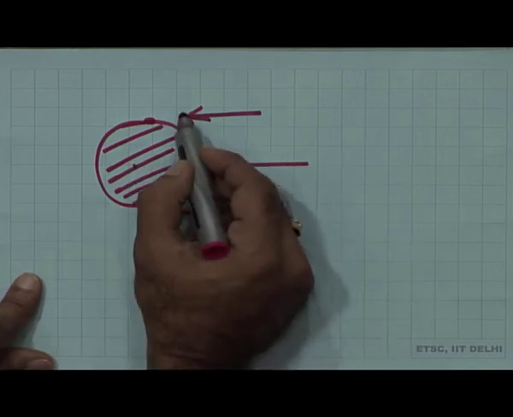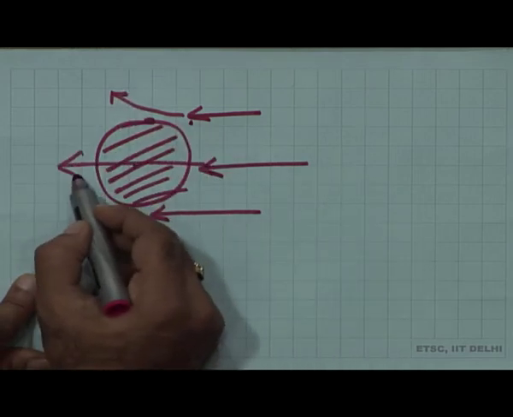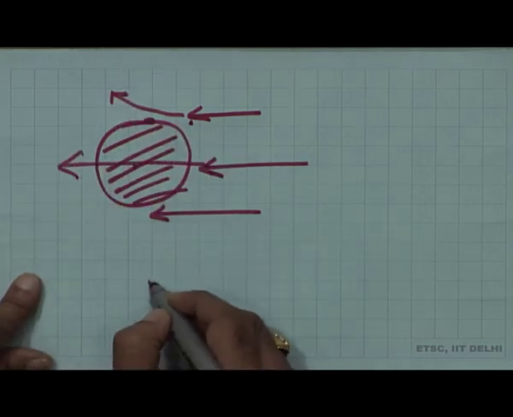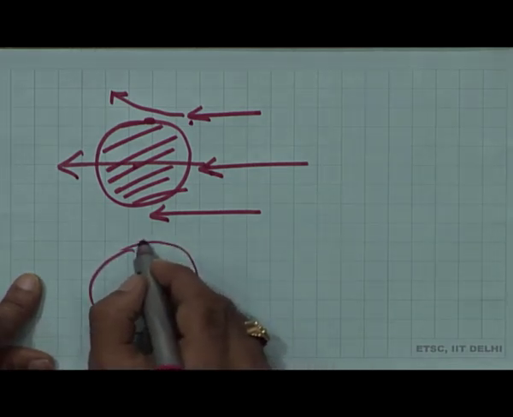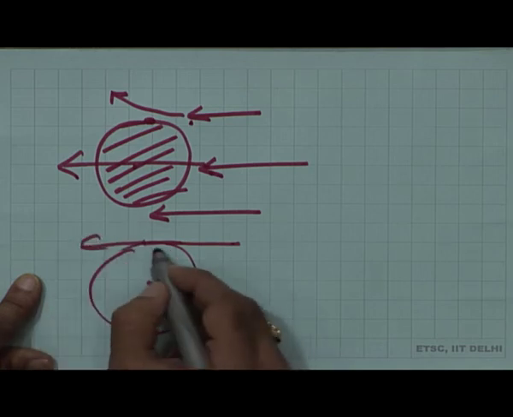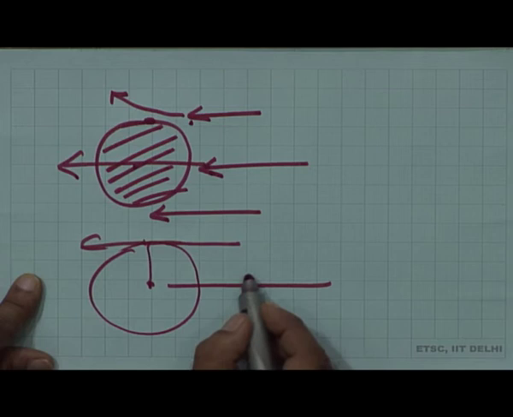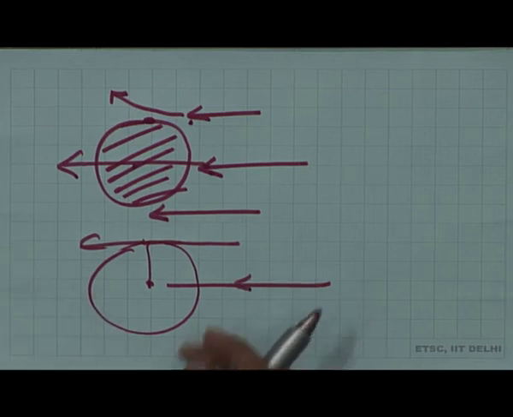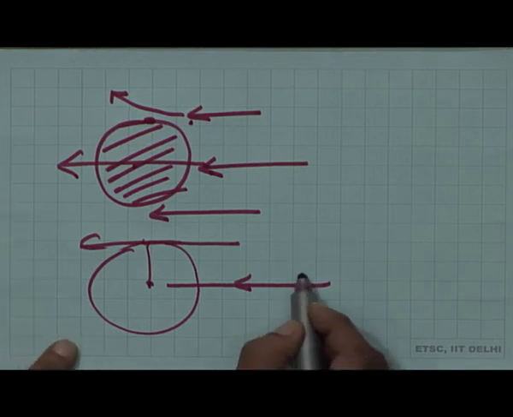That means the scattering angle for this must be larger than this, because this will simply pass through. Whereas if it is a point charge, the situation is different. Whatever is coming at the periphery of the atom barely gets scattered, because it is far away from the scattering center. But whatever is coming with zero angle is seeing an infinite force as it approaches the point particle, therefore there should be rebound.